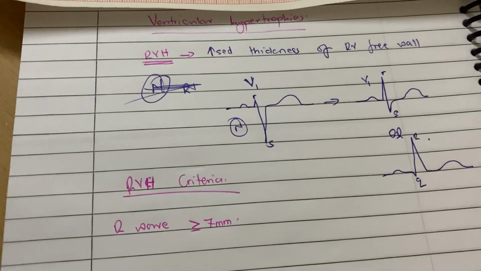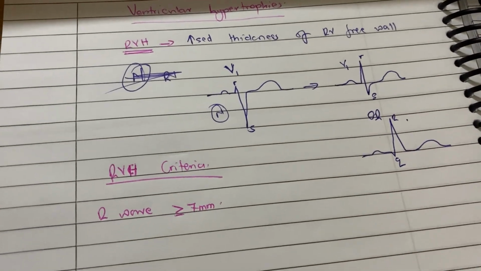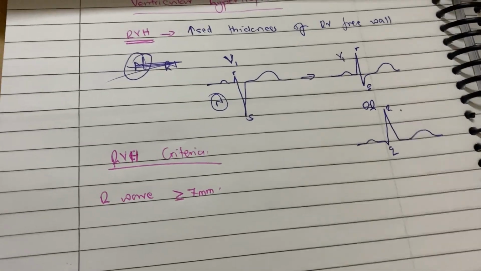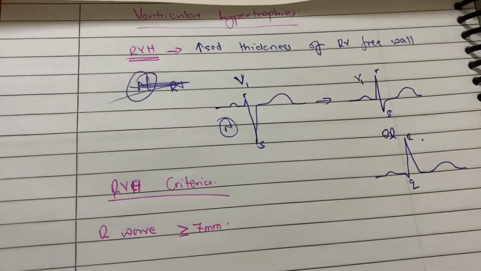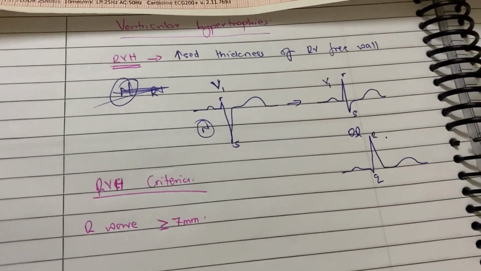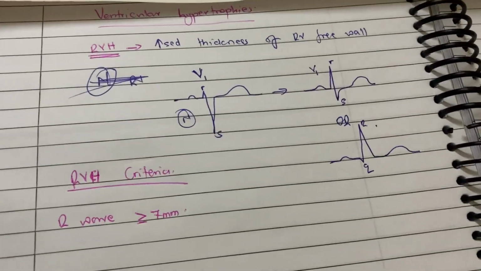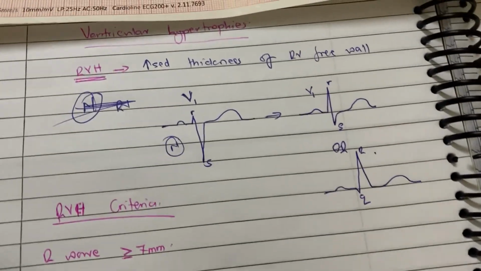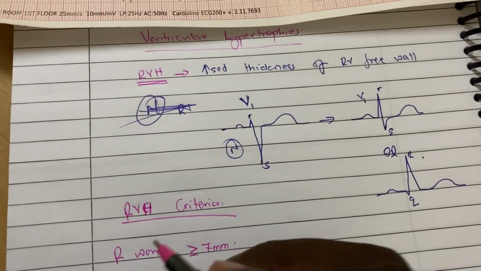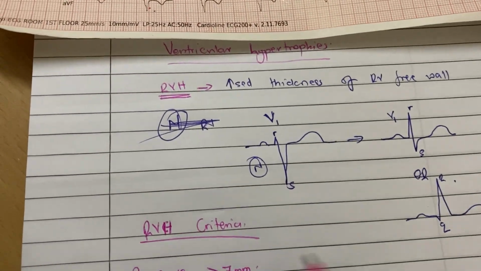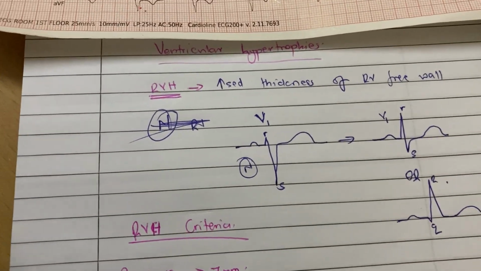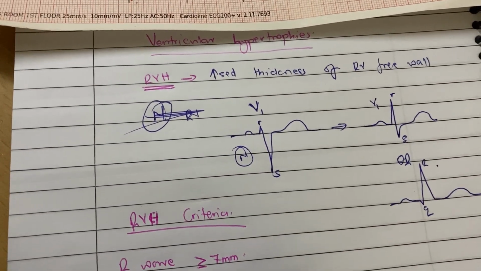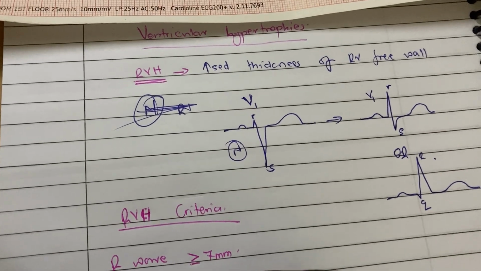We talked about the axis also. You have to go back in that video and watch cardiac axis. The axis normally is towards the left because the left side is thicker. Now if the right side is thicker, it may alter the electric axis, and the RV is located towards the right side, so it will cause right axis deviation.